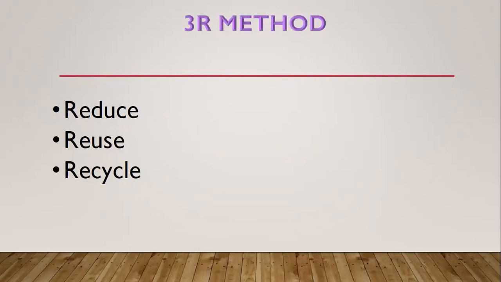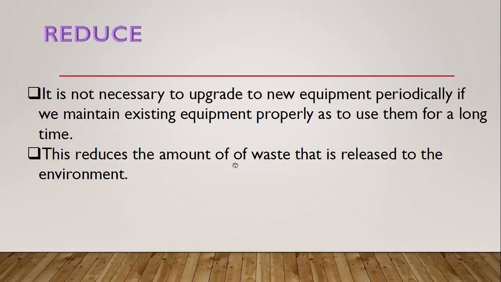Okay, now we have learned what e-waste is, and now we want to learn how to dispose of it correctly. Here it is introduced as the 3R method. That means reduce, reuse, and recycle. What is meant by reduce? It is not necessary to upgrade to new equipment periodically if we maintain existing equipment properly.